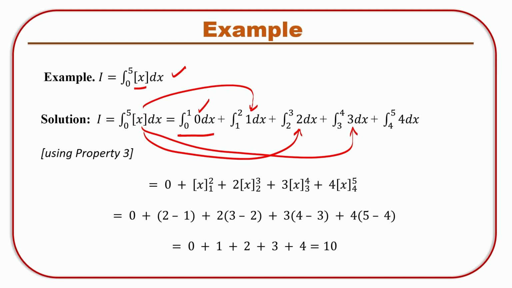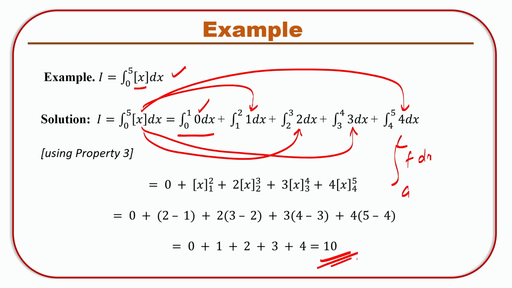The last one is 4 to 5, which is 4. Evaluate all those and it will give you 10. Here I have used the integral from a to c of f dx equal to the integral from a to b of f dx plus the integral from b to c of f dx.